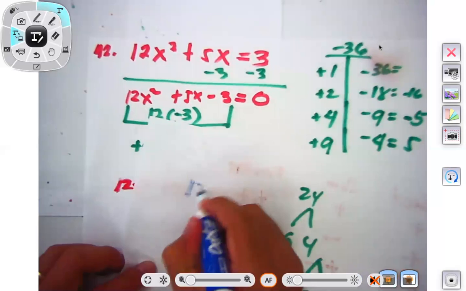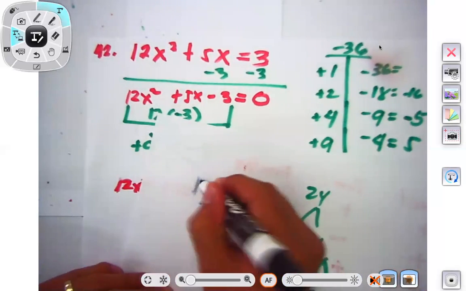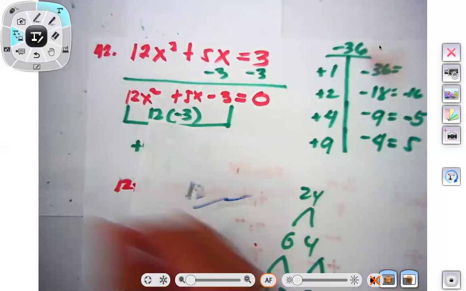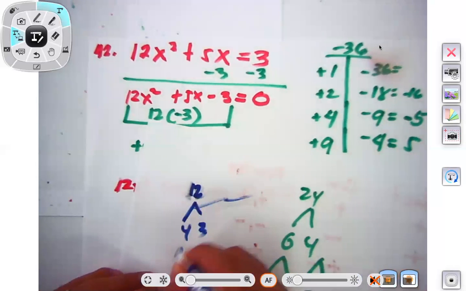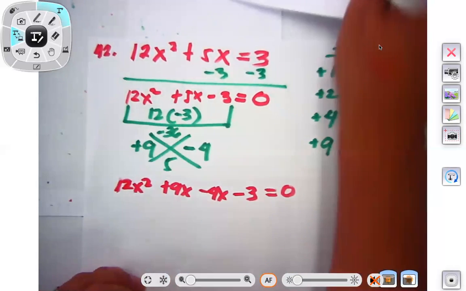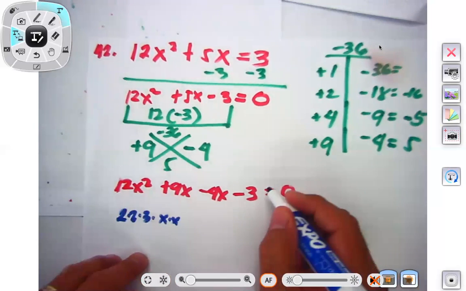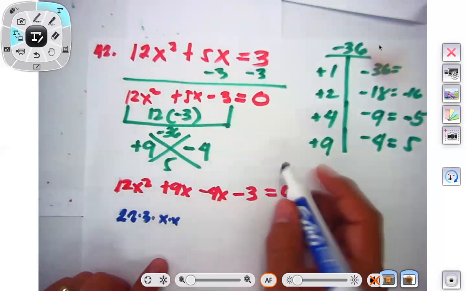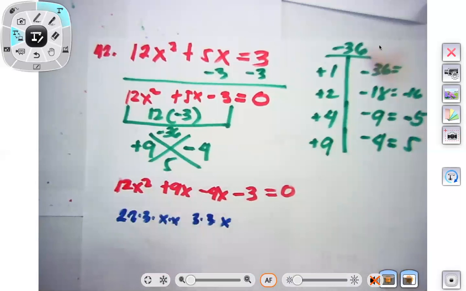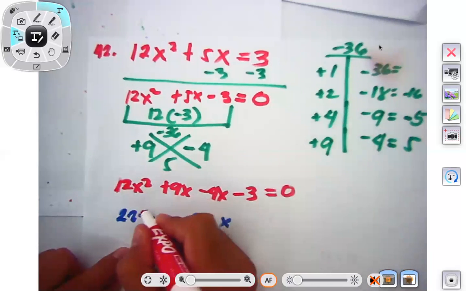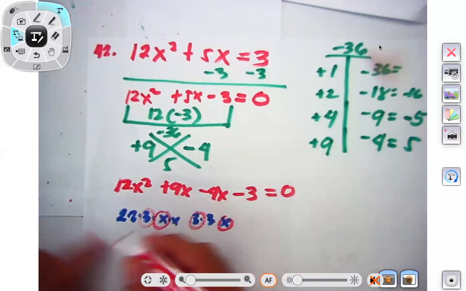You have 4, 3. 4, you have 2, 2. So you have 2, 2, 3. And x squared, you have x, x. How about 9x? You have 3, 3, x. All right, so what's your GCF there? It's 3x. Our GCF is 3x.